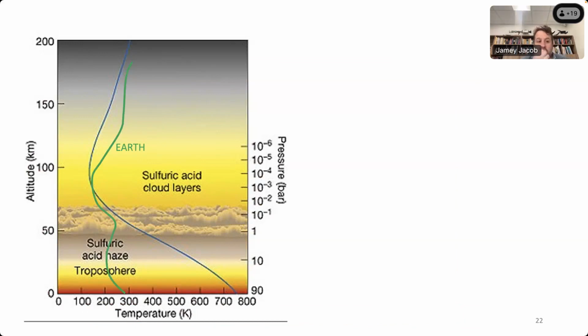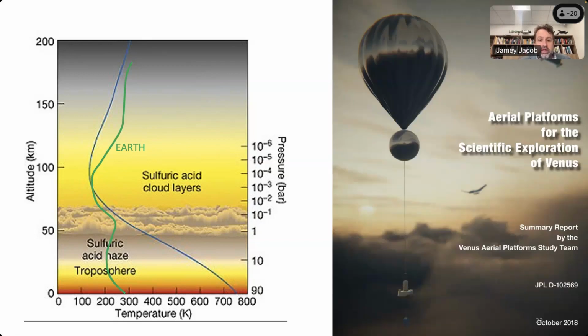Now, if you put Earth's temperature profile on top of this, you'll see that there is actually a crossover point where Earth and Venus are very similar, both in terms of pressure. This is about 1 atmosphere pressure on Venus at this higher altitude, and very similar in temperature.